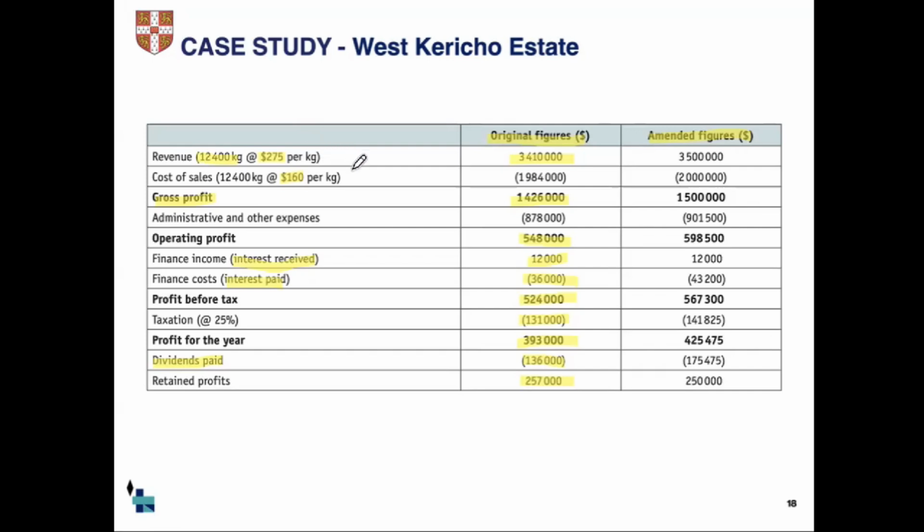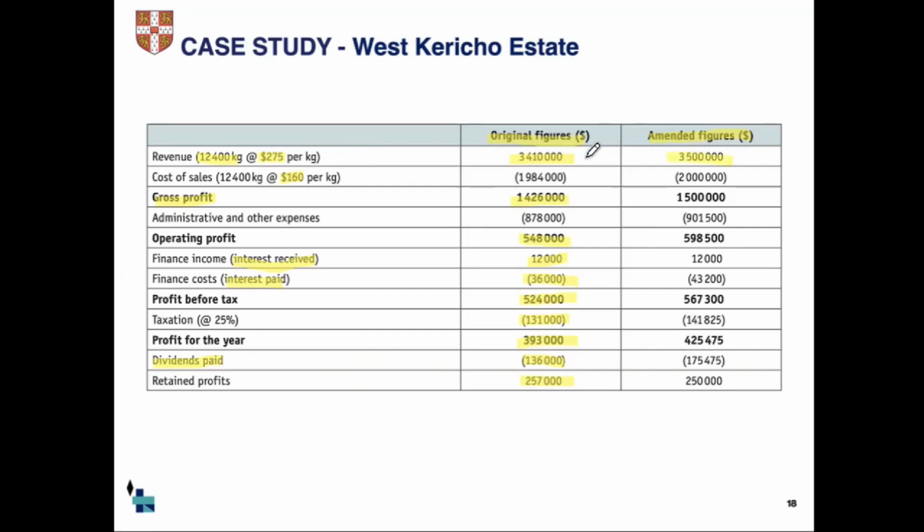And I hope you have your calculator. 12,500 kilograms times $280 per kilogram. And that will give us what? $3.5 million.